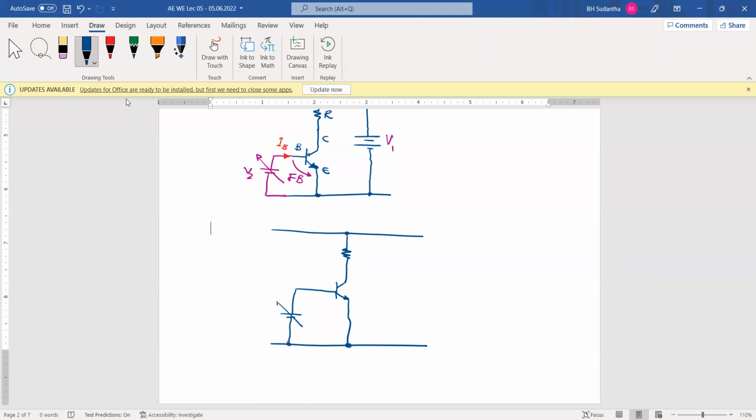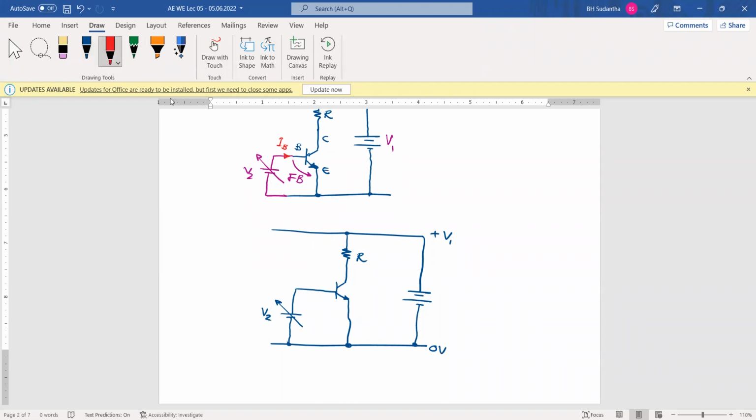It's a variable one, V2. And this is a resistor. This is 0 volts. This is plus V1. Here we have a battery. I'll draw that the same way. Now this is the setup.